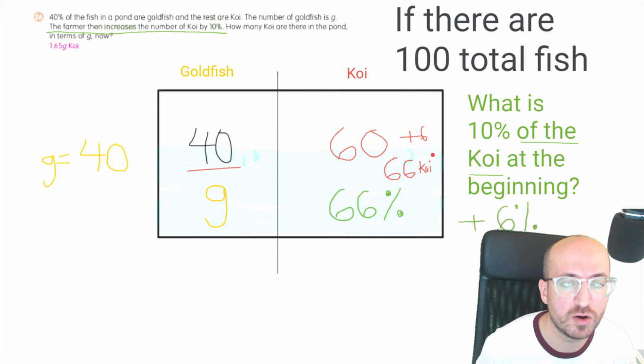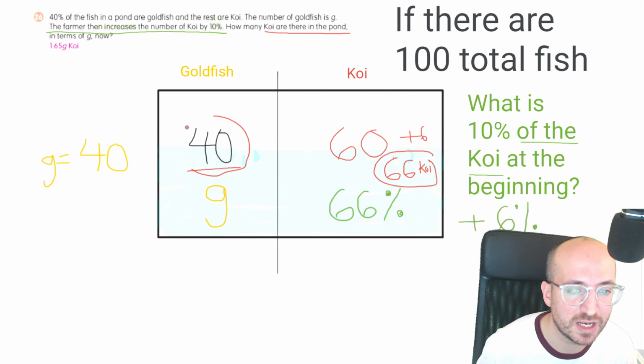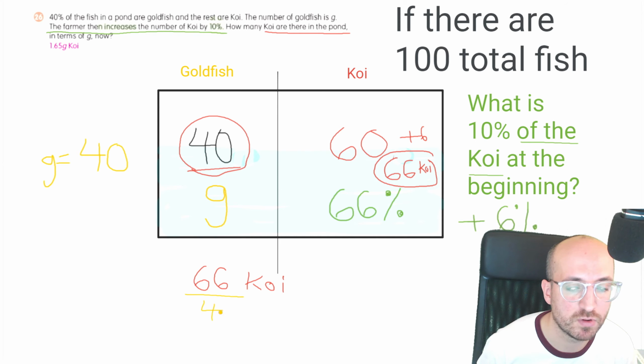So if I want to know how many koi are there now compared to the beginning number of goldfish, right now there are 66 koi, and compare that to the goldfish, there are still 40 goldfish.